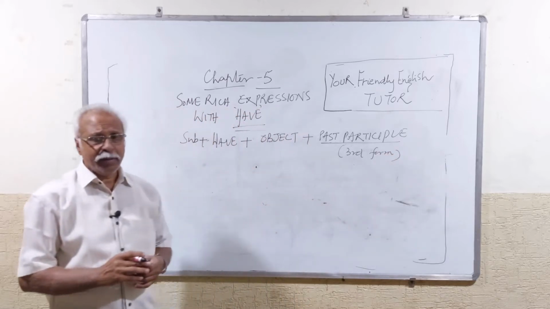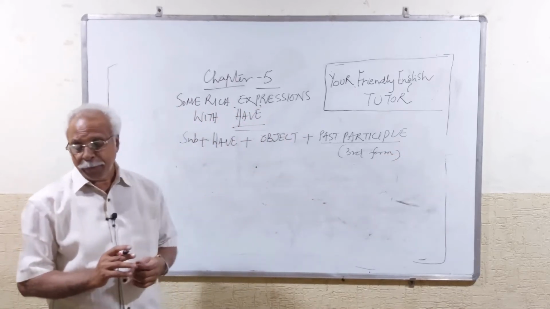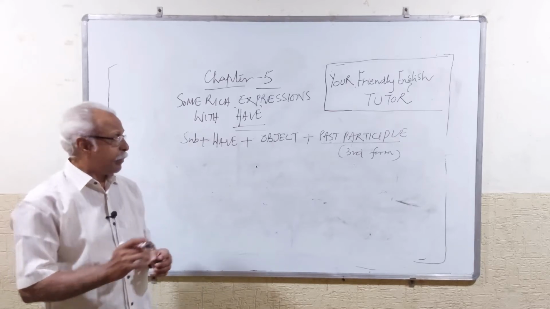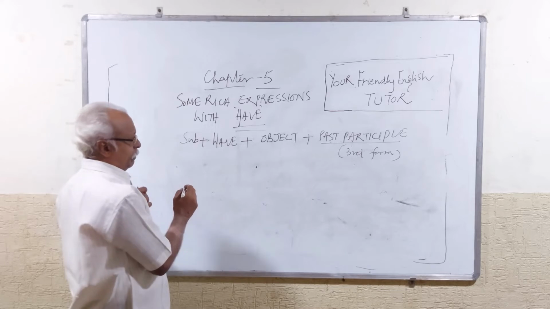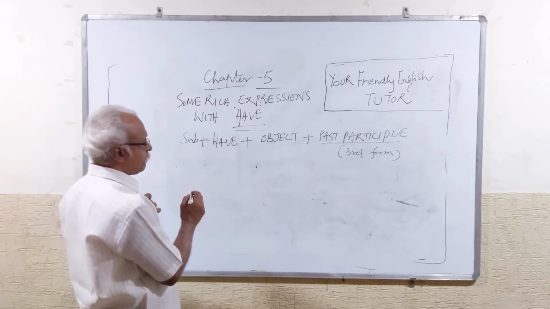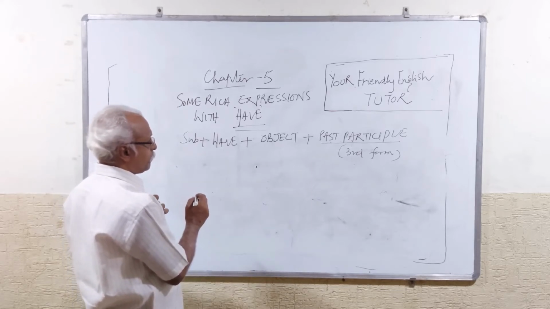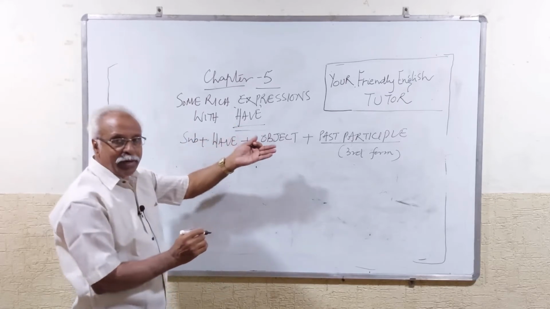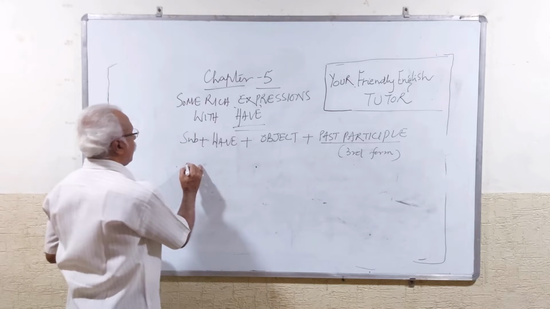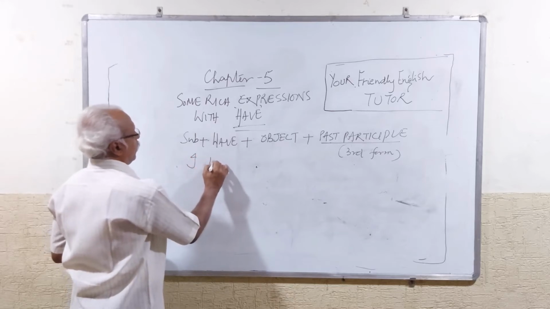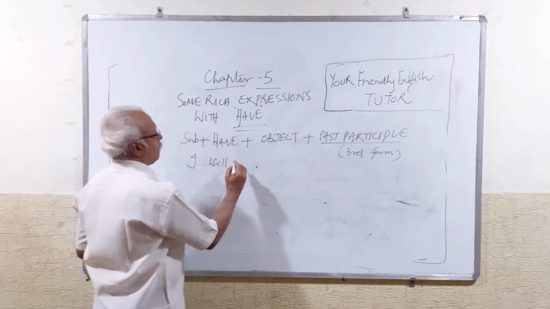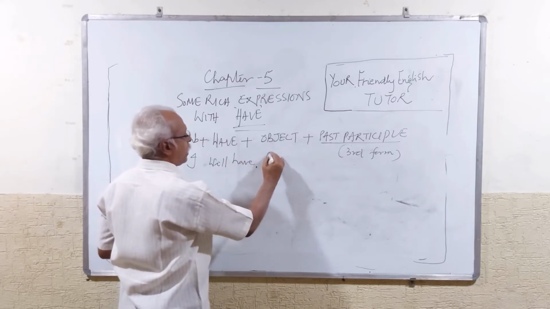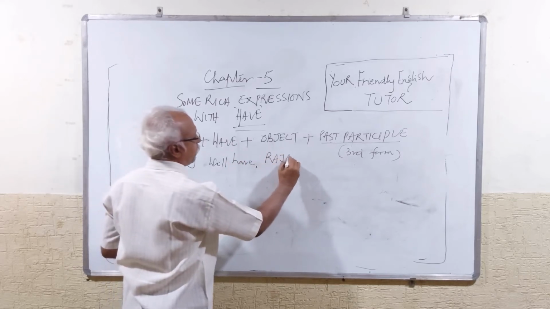Object already, make it a point, third form. Wonderful expressions will be, for example, it is nothing but a continuation of the earlier expression. For example, I will have her, or let us write a name, Rajani.